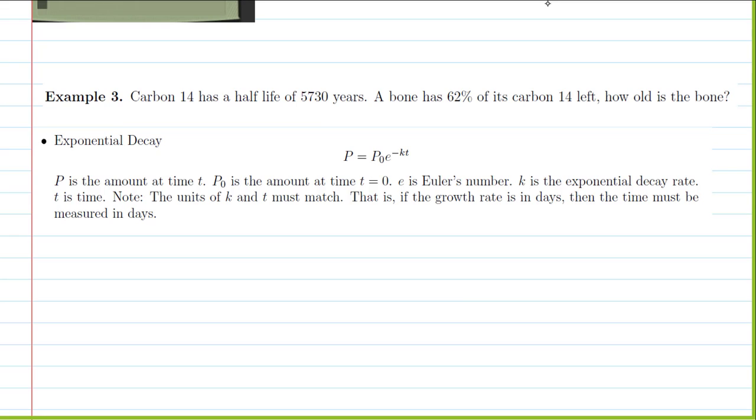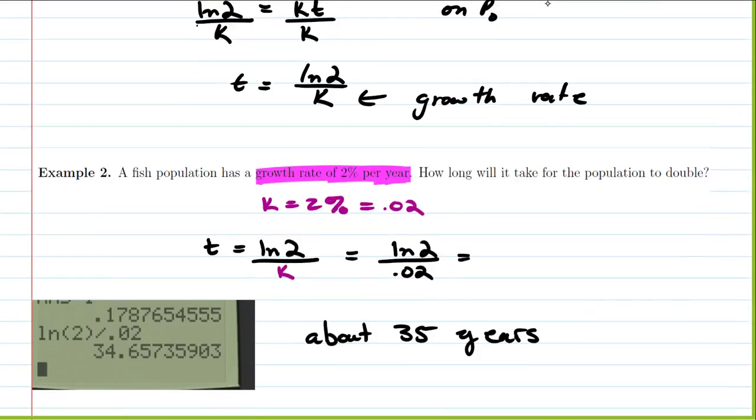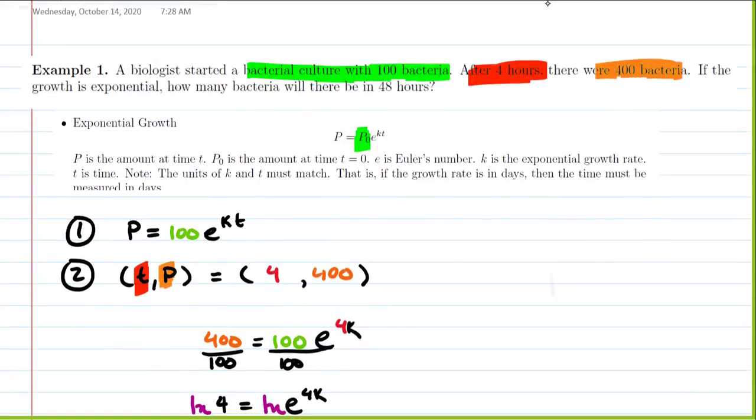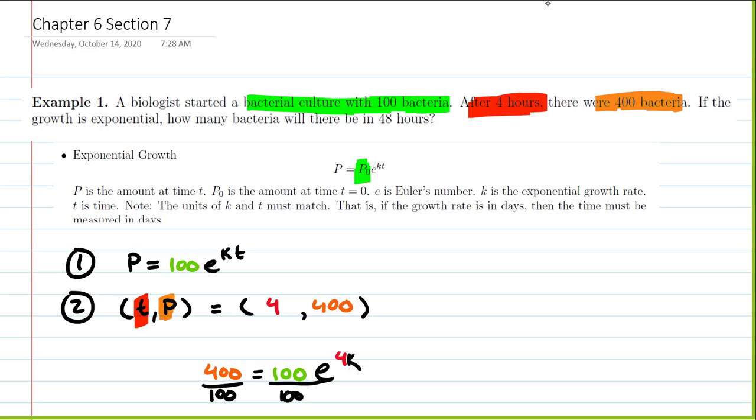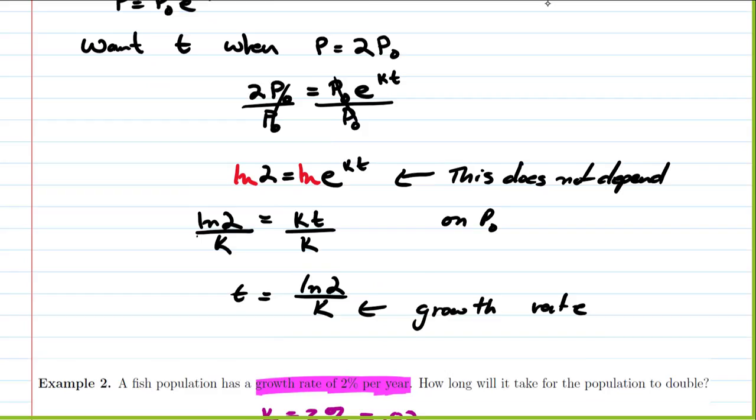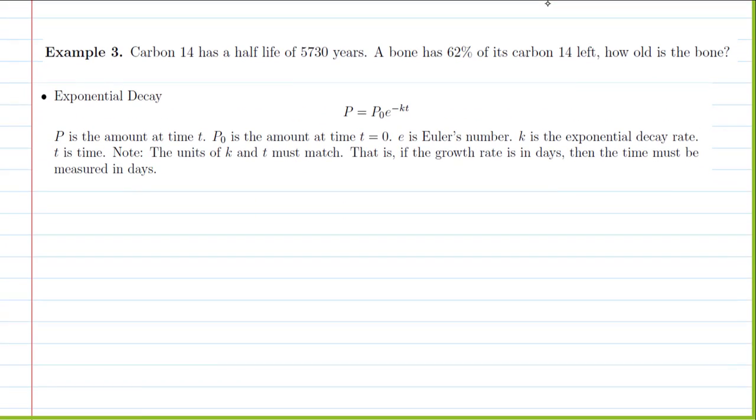One other quirk that pops up quite a bit when we're doing radioactive decay problems is we will be given relative amounts instead of actual amounts. So in our first example, we were told that there was 100 bacteria. In this one, we're not actually given a mass of radioactive carbon-14. We're only told that a bone has lost 62% of its carbon-14.